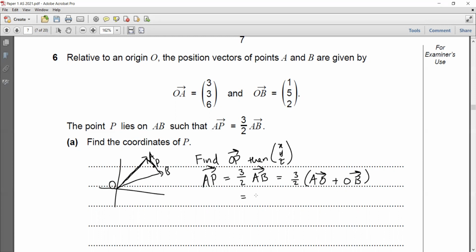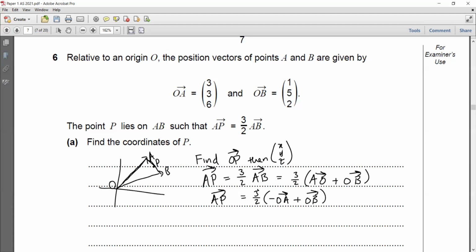So this is 3/2 negative OA plus OB. Okay, so this is what AP will be equal to.